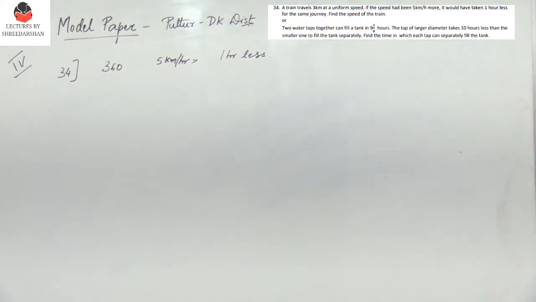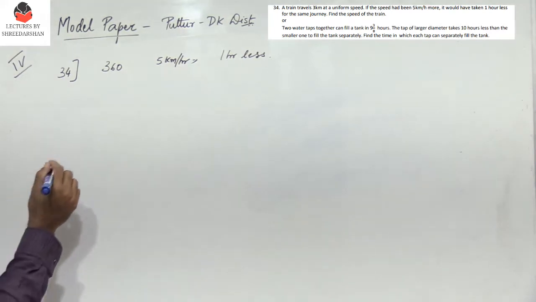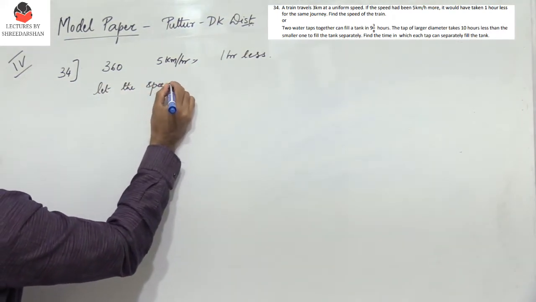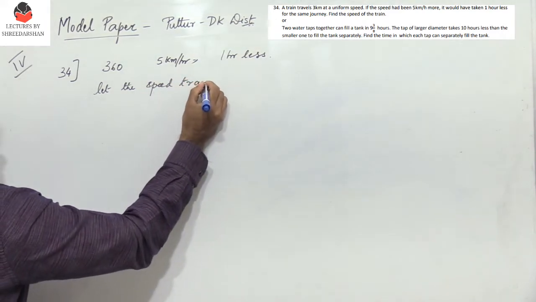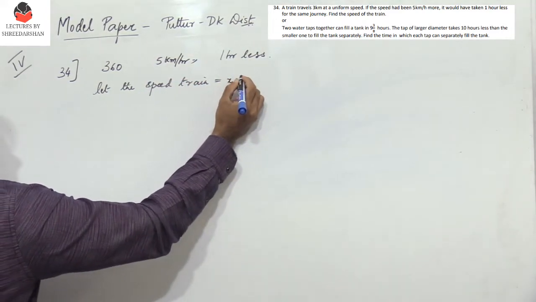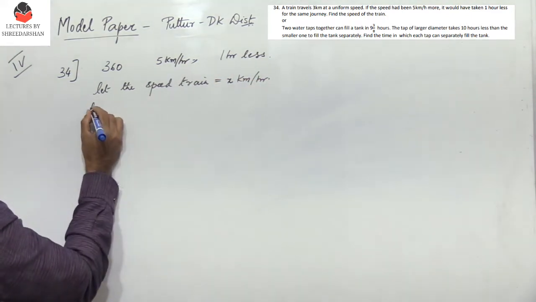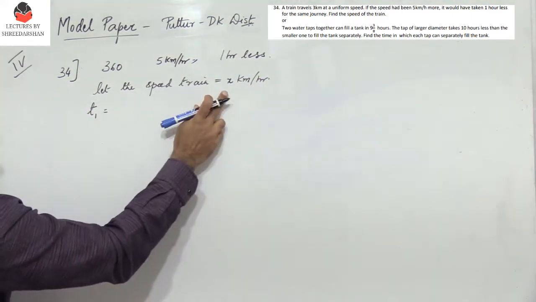All right. So to find the speed of the train, let the speed of the train be x kilometers per hour. We know that the time taken is distance traveled divided by speed.